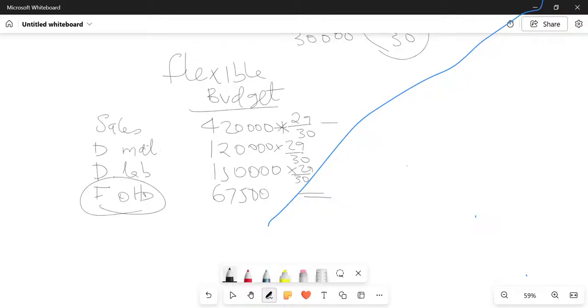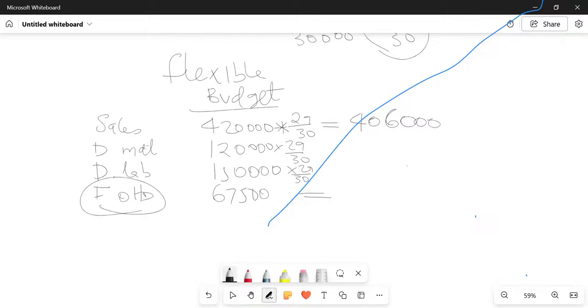So is there somebody who is able to give me this figure for 420,000 times 29 over 30? What are we able to get? 406,000. Thank you so much.